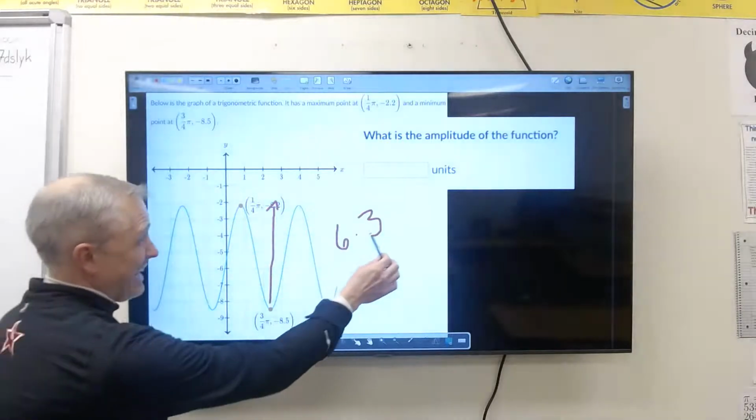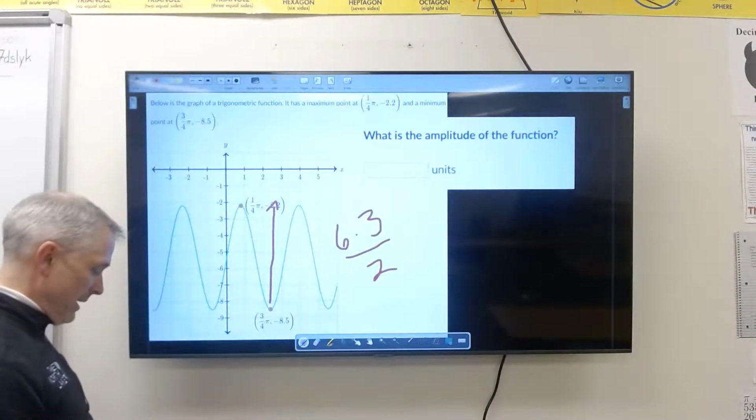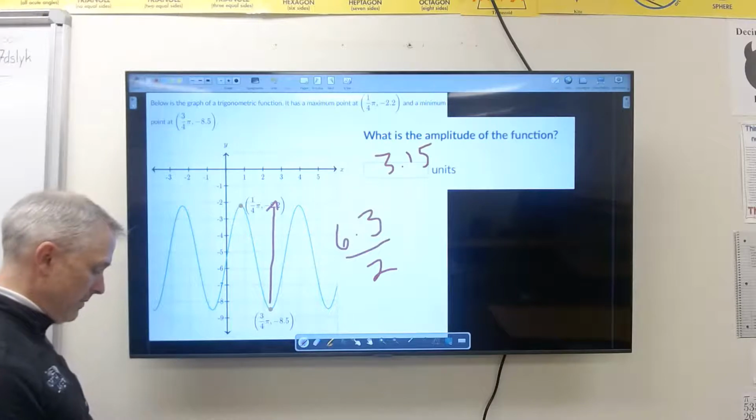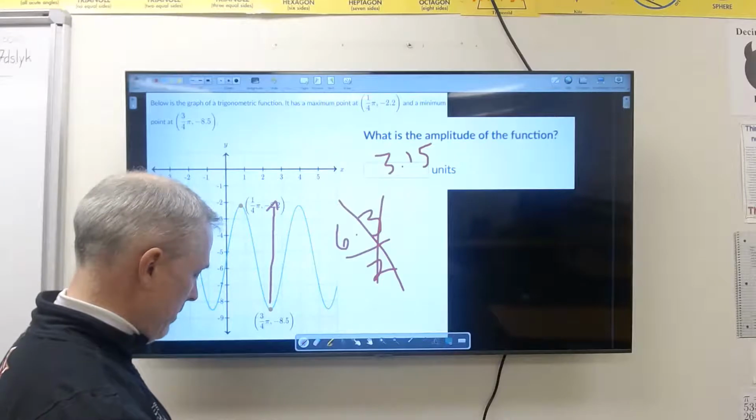That 0.8 plus the 5.5 gives us 6.3. We divide that by 2, and we get 3.15 units. I'd prefer 3.14, but that's just how I roll.